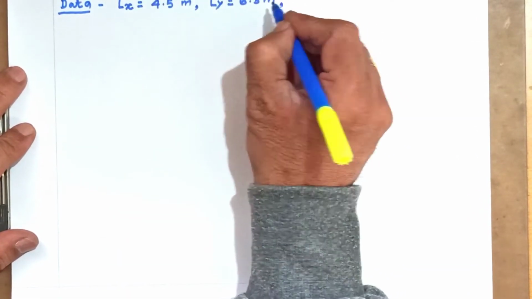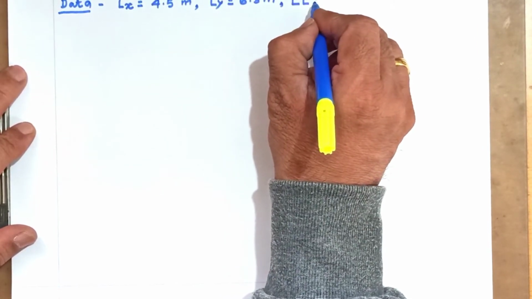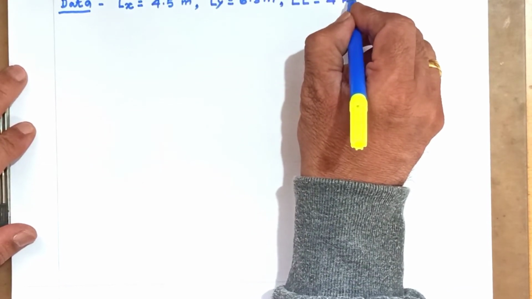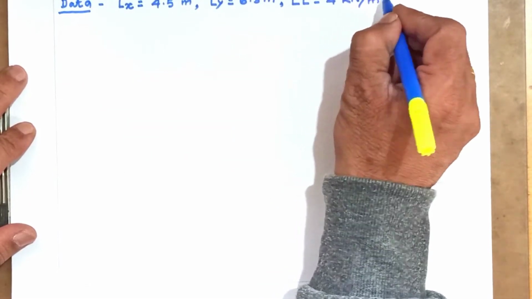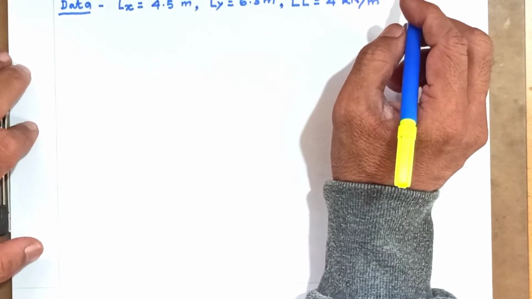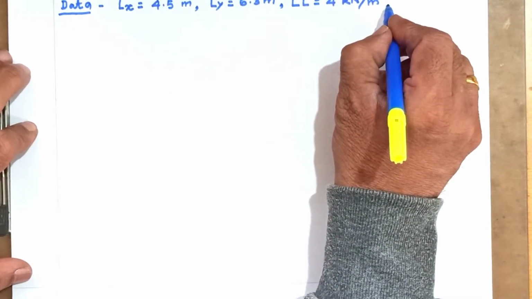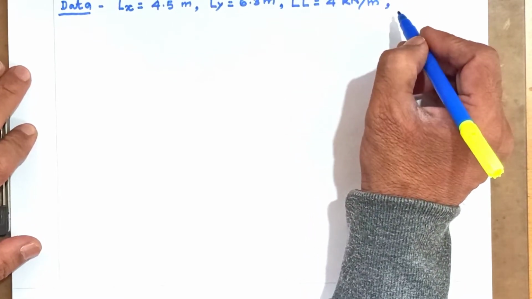Intensity of live load is given, 4 kN per meter square, in addition to dead load as it is given in the problem. The weight of floor finish is not given in this case.